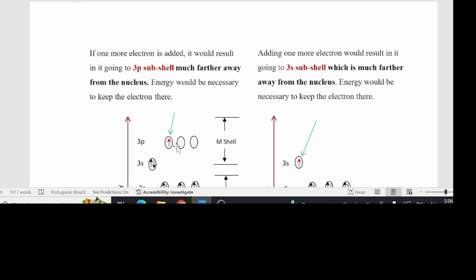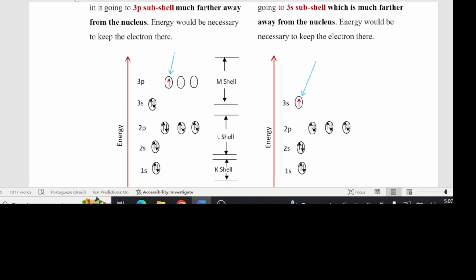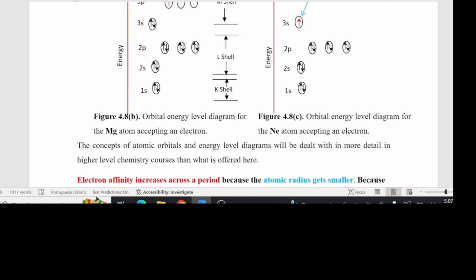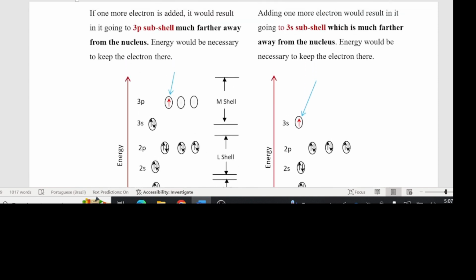And therefore, there's a tendency for the nucleus not to hold on to the electron because it's going farther away from its attractive force. And therefore, you need energy to keep that there. Similarly, the same thing is happening here. Look, this one here is neon. Another electron added there will go there, and that's farther away from the nucleus, and therefore it needs energy to be added to that atom. Energy is always going to be positive for these.